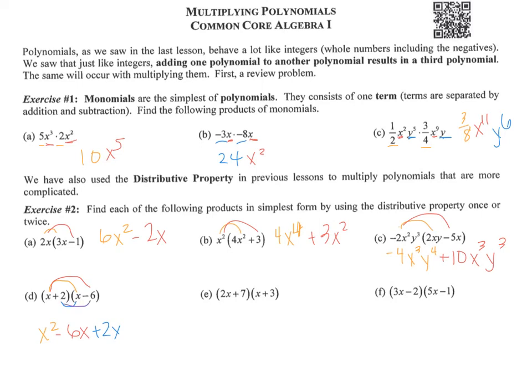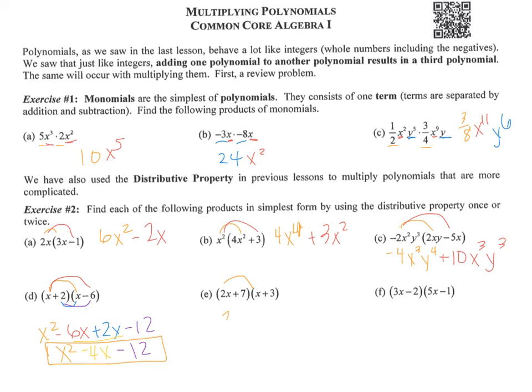And 2 times -6 is -12. You will see here, though, I have two terms that are like terms. So -6x and positive 2x becomes -4x. I still have my -12, and I still have my positive x squared. So you always end up by combining like terms.